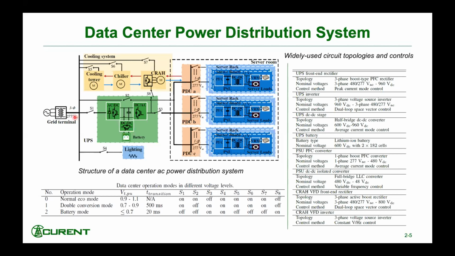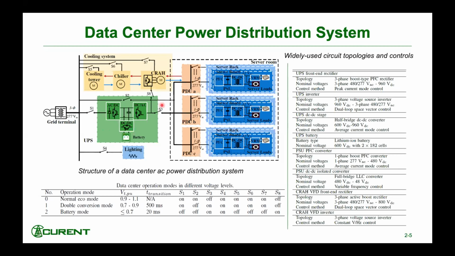When a grid disturbance like a voltage sag happens, the source power is not within the acceptable limit, then the UPS switches in to help regulate the AC power and carry the IT load so that the server load is not disrupted.